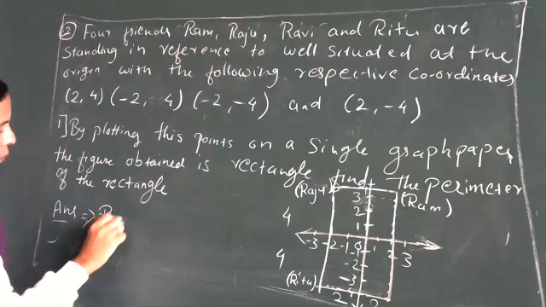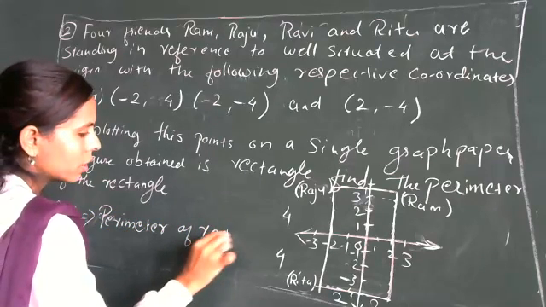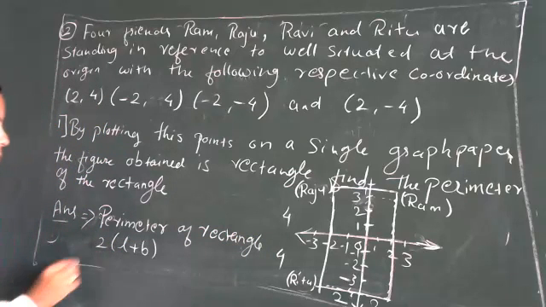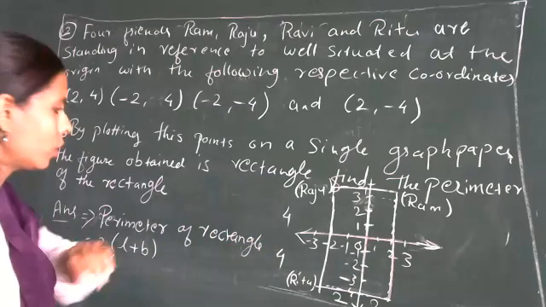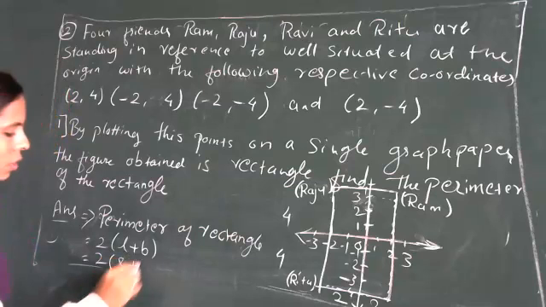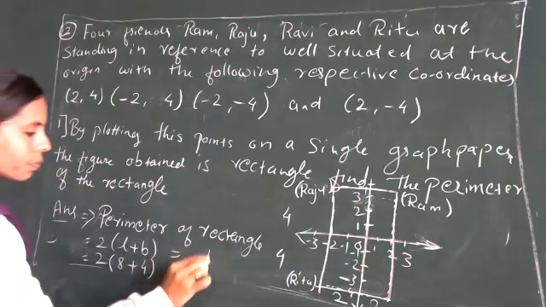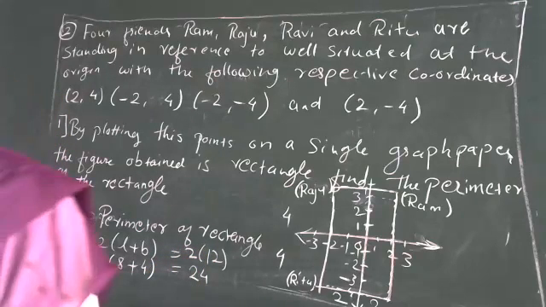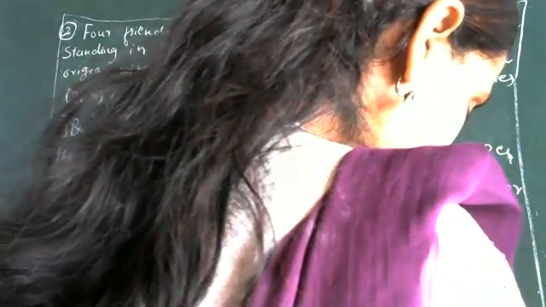Perimeter of a rectangle is 2 into (L plus B). We are having 2. L is how much? 4 plus 4, it is 8. Breadth is 4. So 8 plus 4 is 12, into 2, so 24. That is nothing but the perimeter of the rectangle. If units are given, you can put the units. If not given, you can't.